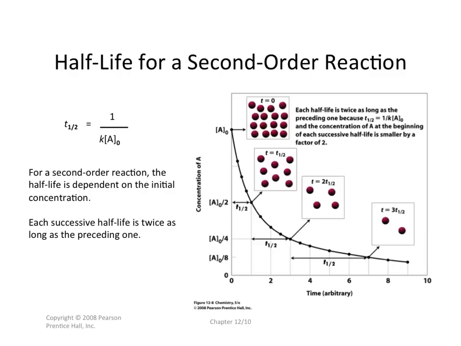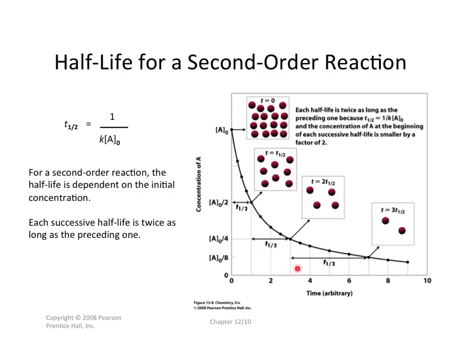The half-life for a second-order reactant is different than first-order, as not every half-life is equal. This is because it depends on the initial concentration of reactant. If we look at the graph where concentration of reactant is on the y-axis and time on the x, if you start with 16 molar, again, when you go through one half-life, you have 8, then 4, then 2. However, since this is second order, you'll notice that the second half-life is longer than the first.